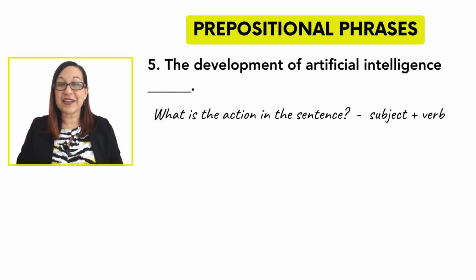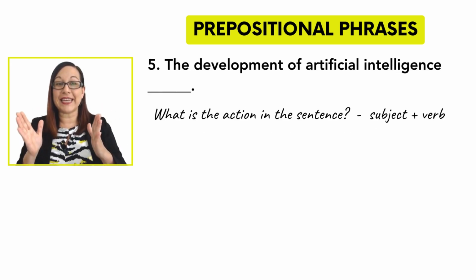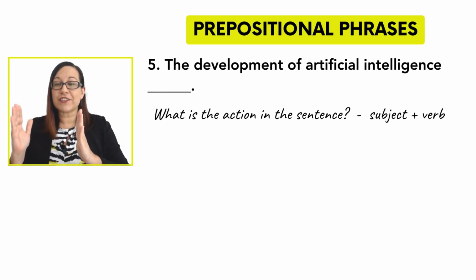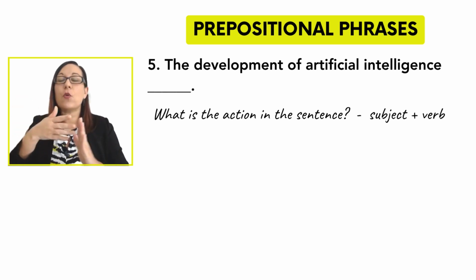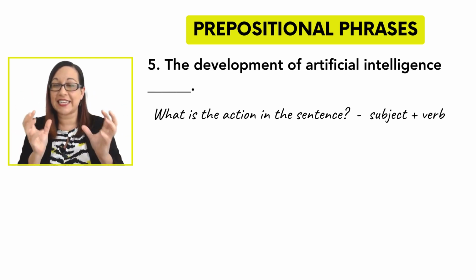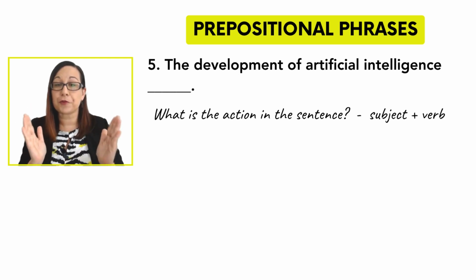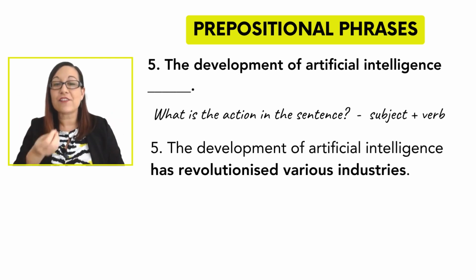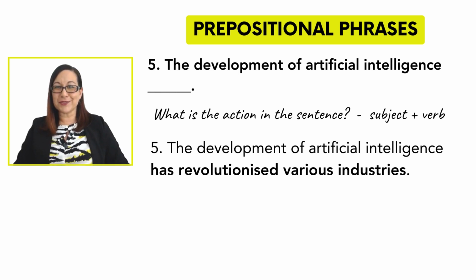And the last one, I've got that subject at the beginning, the development of artificial intelligence. So now, according to English, subject, verb, object, I need that verb. And the verb phrase is has revolutionized various industries. Whew. How did you do?